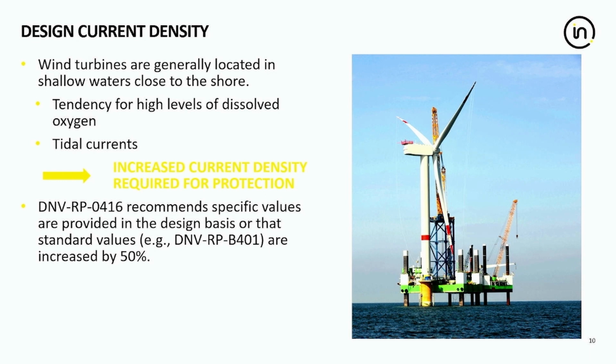Both of these factors led to a current density higher than the standard values that were being applied. The revised standard includes a 50% uplift on those standard values, so quite a considerable increase. This, of course, has knock-on effects in terms of anode life and the amount of material that's required.